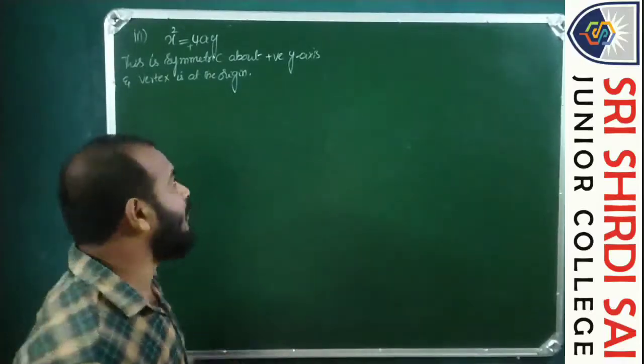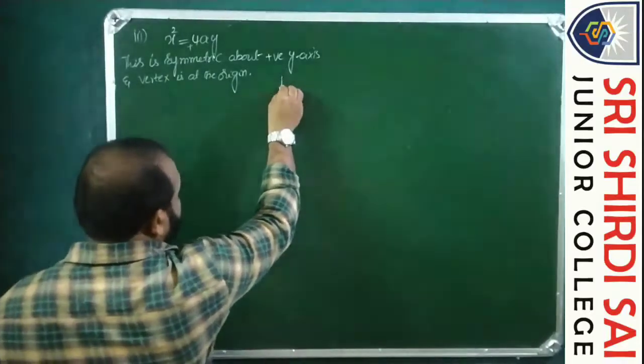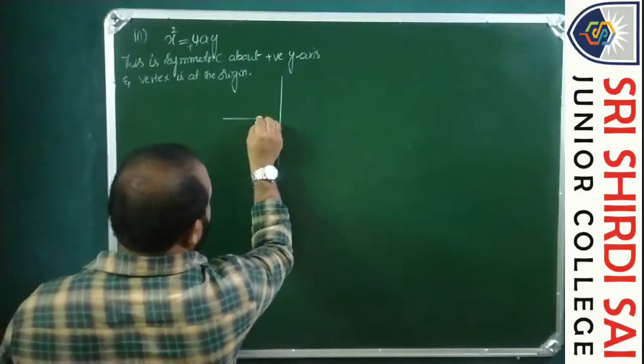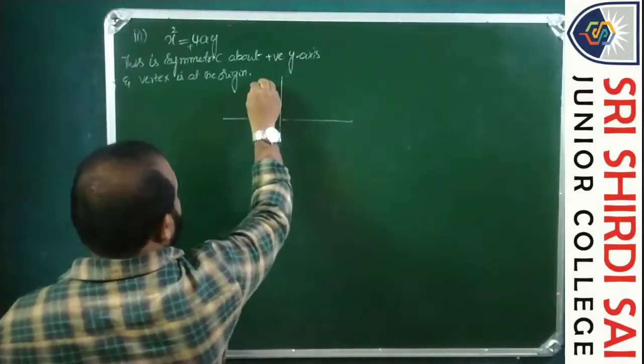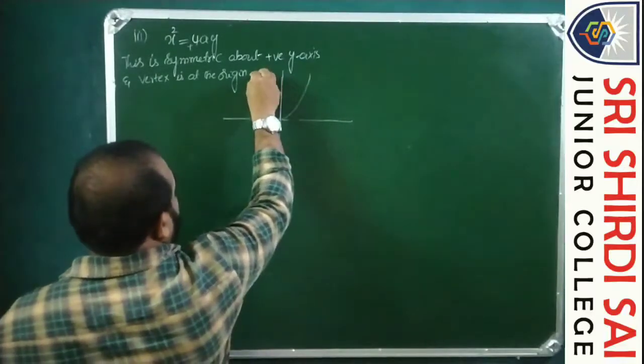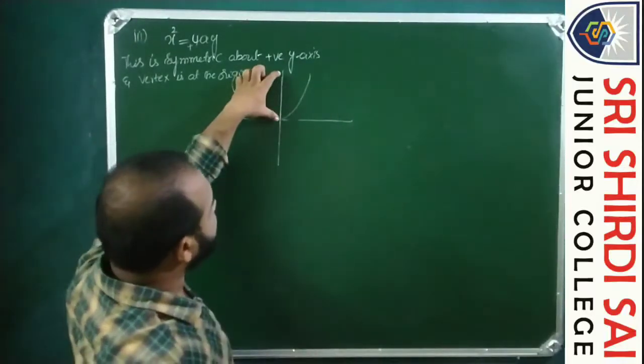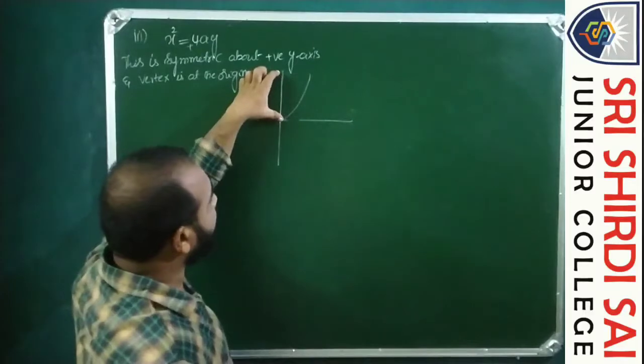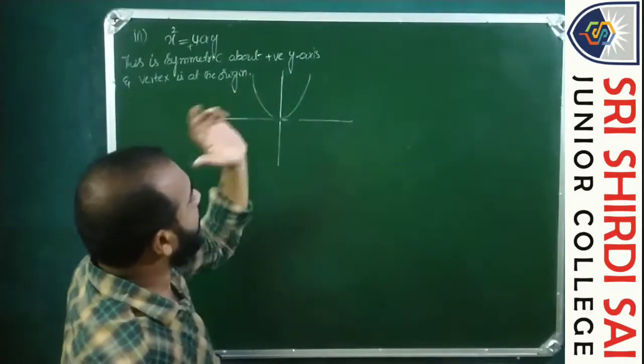So this is an upward parabola. This is the diagram of it. The y-axis is acting like the line of symmetry of this parabola.